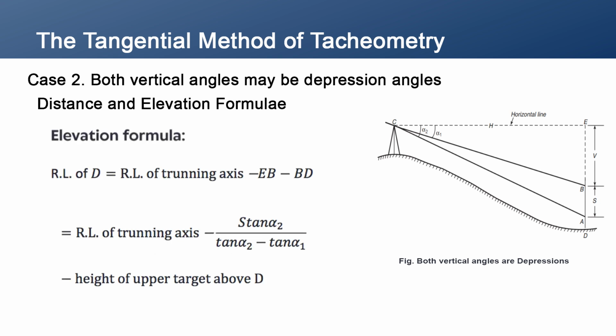Now, let us calculate the reduced level of the point D. The reduced level of D is equal to the reduced level of the trunnion axis minus EB minus BD, which is equal to the reduced level of the trunnion axis minus S tan alpha 2 by (tan alpha 2 minus tan alpha 1) minus height of the upper target above D.